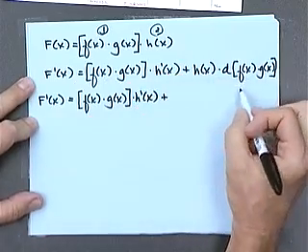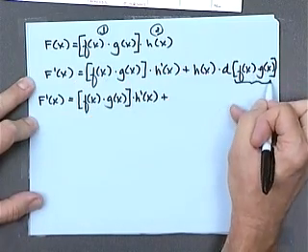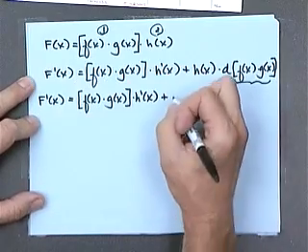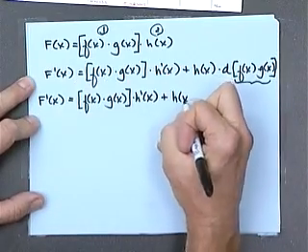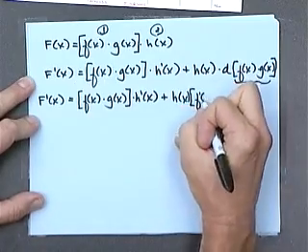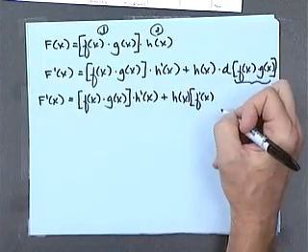Now we've got a little bit of work to do here because we have the derivative of the first. Well, the first happens to be what? A product. So in order to differentiate the first, we have to use the product rule. So that would be first times, that's not first. This is commutative, right?